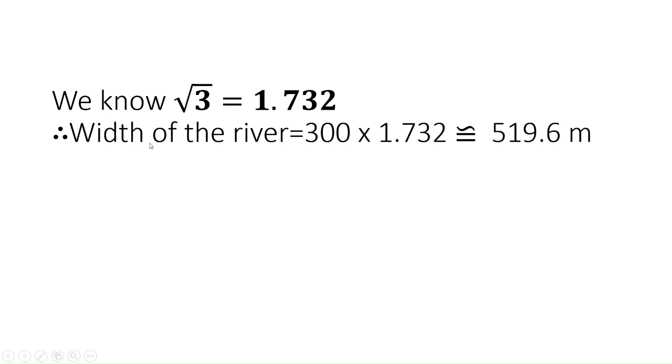Then the width of the river becomes 300 into 1.732, that is approximately 519.6 meters. So we are able to find out the distance between the two banks of the river by using the sine formula. It is nothing but 519.6 meters.